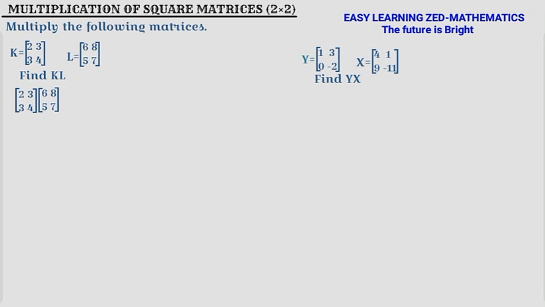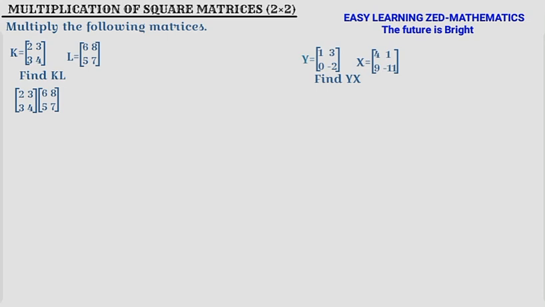Now let's get started multiplying. What we're going to do is, the elements in the first row of the first matrix will be multiplied by the elements in the second matrix that are in the first column and second column respectively. We'll start with the first column in the second matrix.